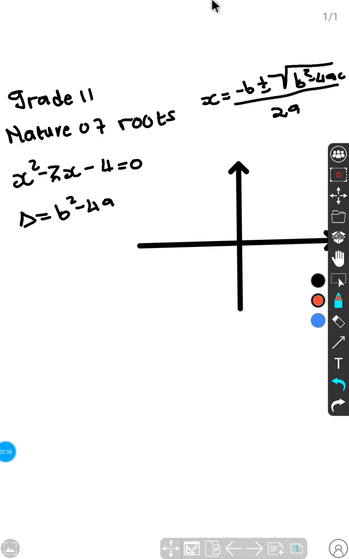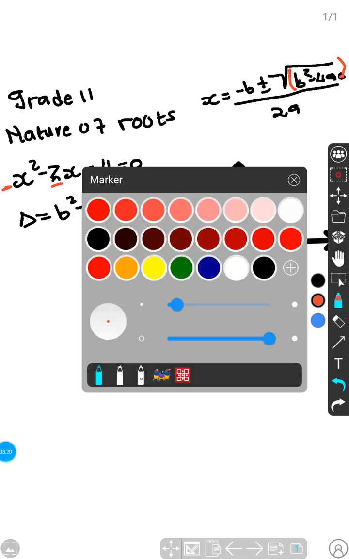So we take what's inside the square root, and that's called the discriminant. We can also write it as a triangle. What we do is find the values of a, b and c, and substitute them here. The answer that we'll get will tell us how the graph will be on the Cartesian plane.